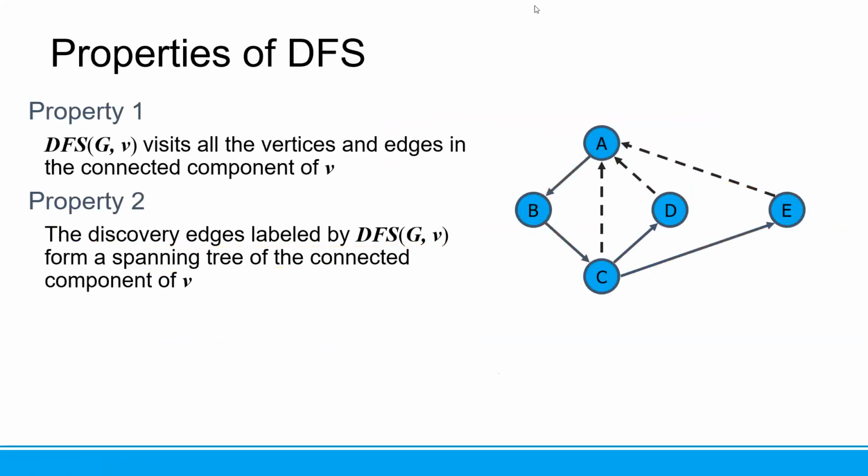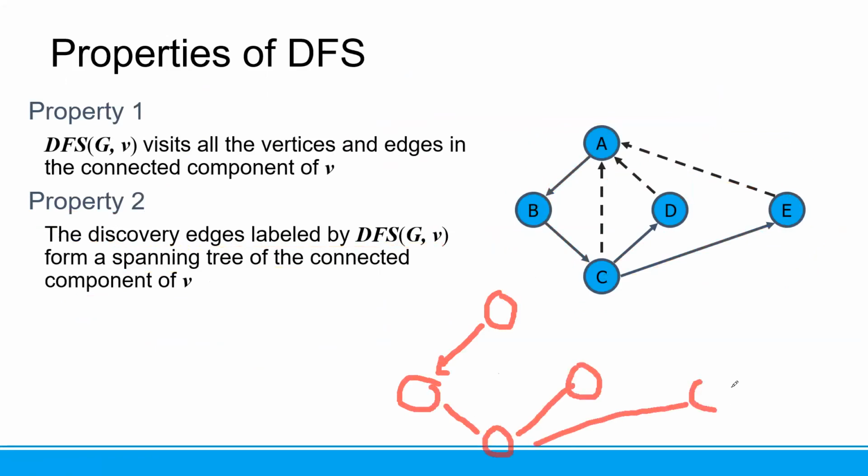So A goes to B, goes to C, goes to D, and goes to E. So it is a spanning tree. Okay, let's forget about the back edge and look at the discovery edges. From these discovery edges, this is a spanning tree, and we can use it to determine the possible path.